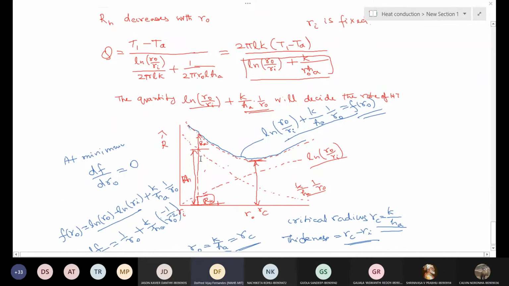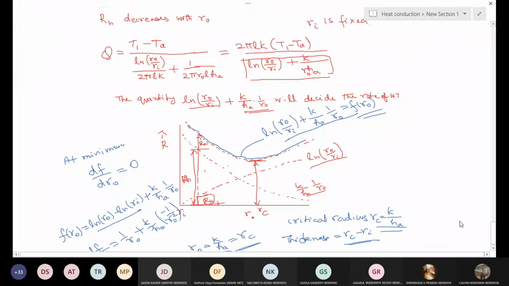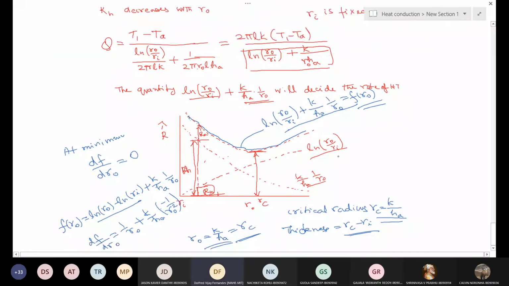And again, I've shown you that the conduction resistance, that is ln R0 by Ri, will increase from 0 as the outer radius R0 increases.